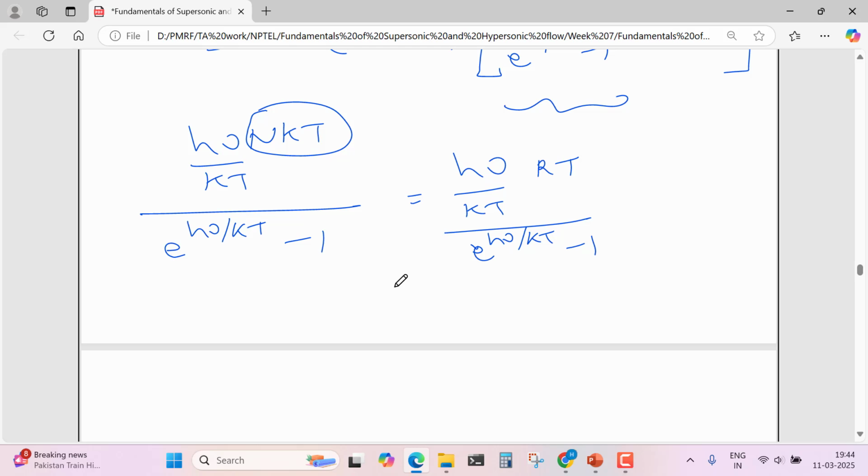And there was one more thing. This equation is nothing but equation for E vibrational equilibrium.